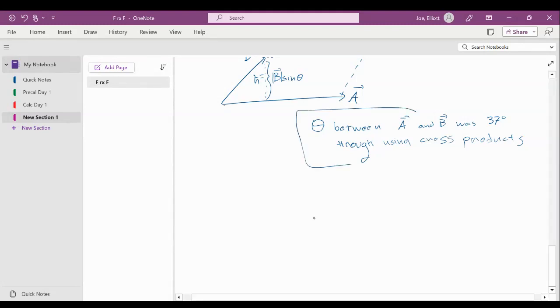Now let's see if we can corroborate this result with dot products.